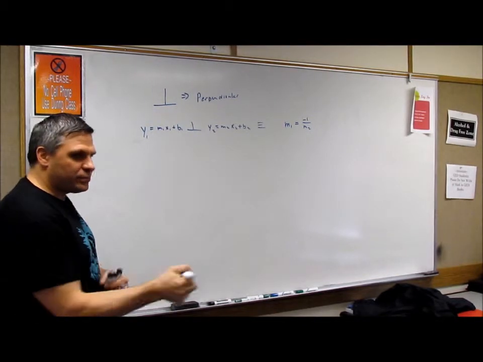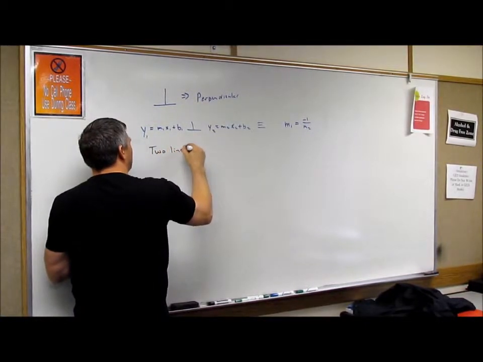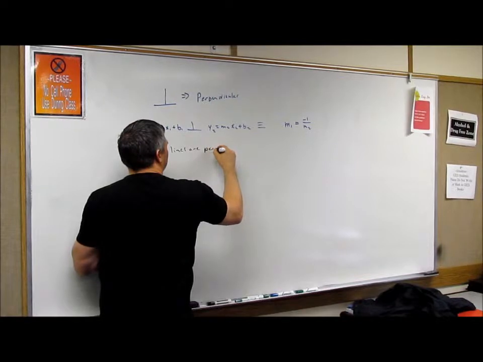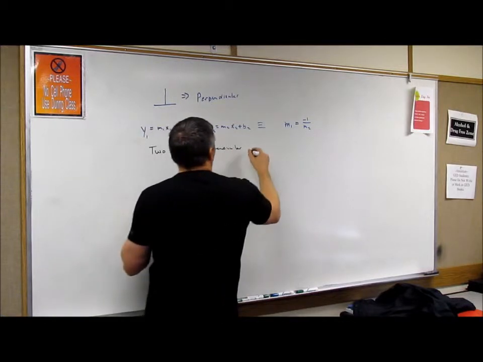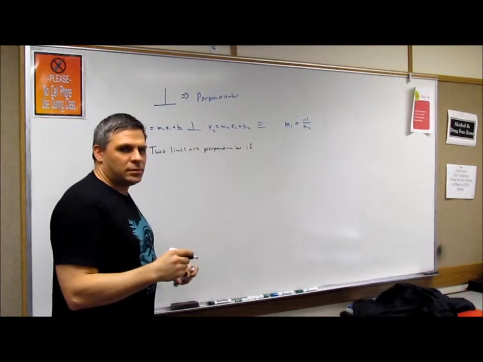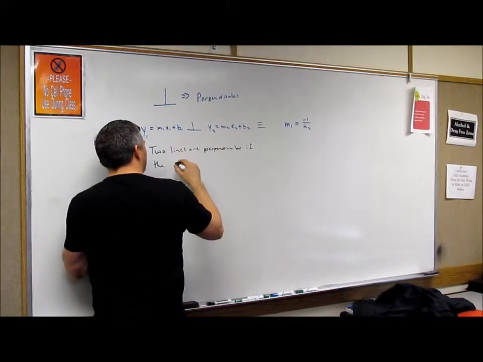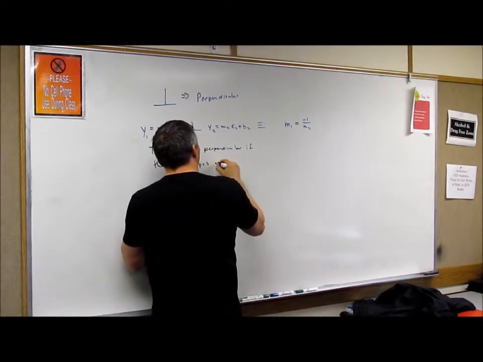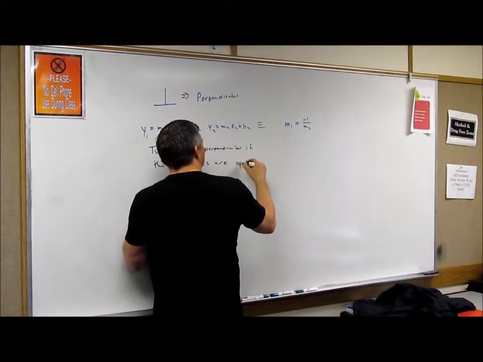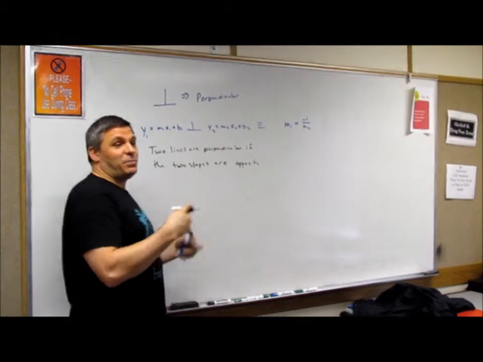It means two lines are perpendicular if the two slopes are opposite, meaning one's positive, one's negative, one negative, one positive, right?